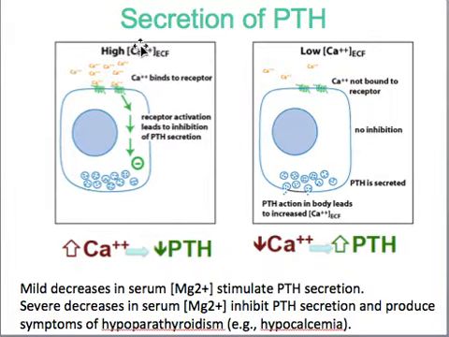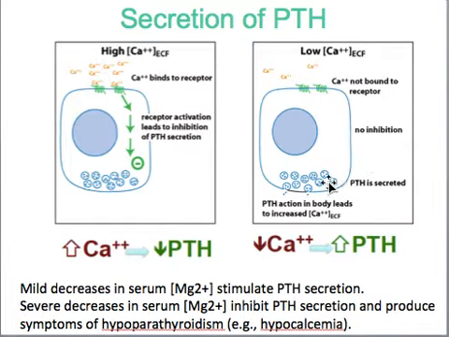So if you have a high calcium level in the extracellular fluid, this binds to your calcium sensing receptor, and the activation of your calcium sensing receptor leads to inhibition of your PTH secretion. Therefore, if you have high calcium levels, your PTH levels will be low. Now, if you have low calcium levels, the calcium sensing receptor will not be activated, and this leads to continuous PTH secretion.